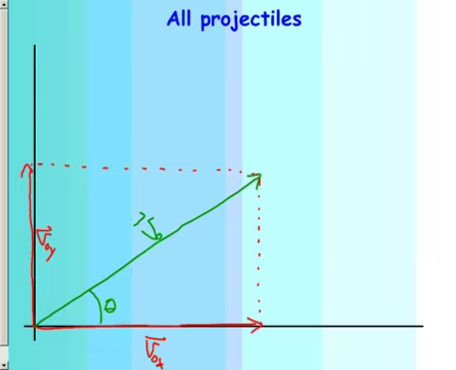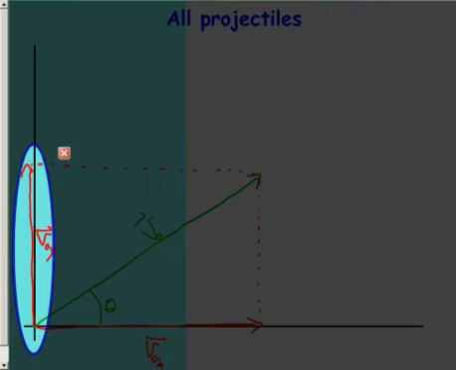So if I were to take a marble and just launch it up and down vertically, okay? So if I launched it with V0y, so I'm going to launch it with this velocity straight up in the air, okay?